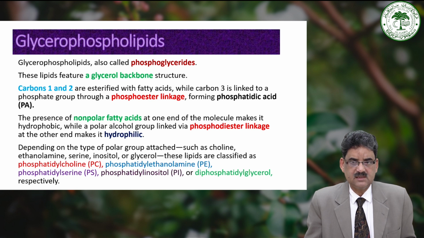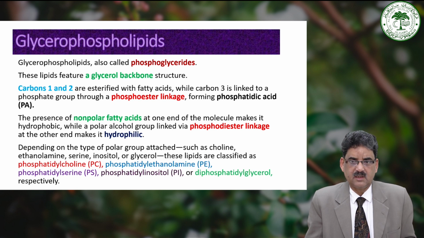Moreover, these lipids are built on a glycerol backbone structure with carbon atoms 1 and 2 esterified with fatty acids, while carbon 3 is linked to a phosphate group through a phosphoester linkage.